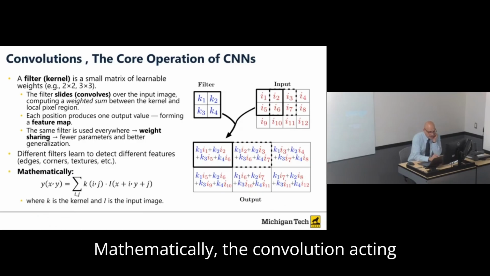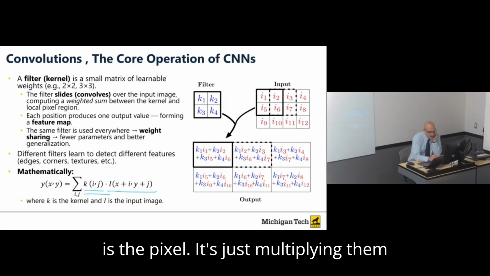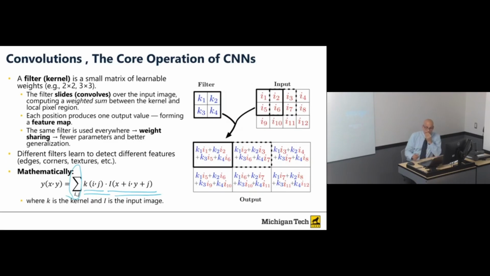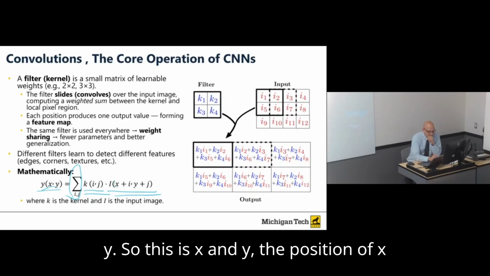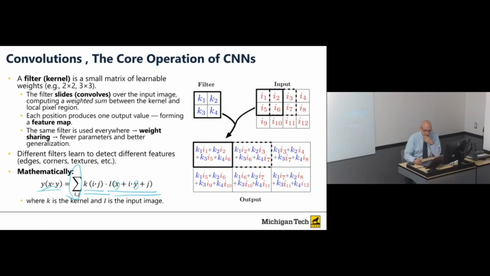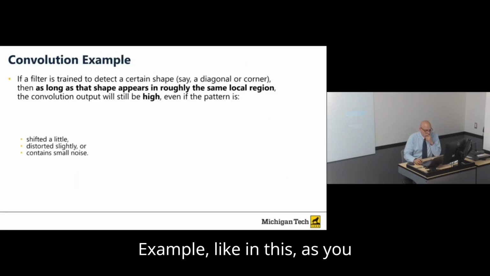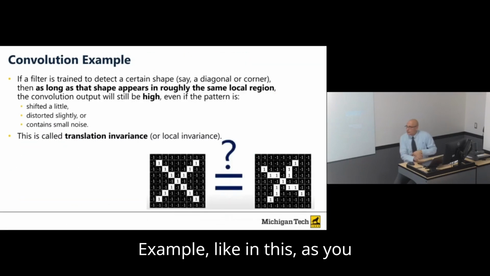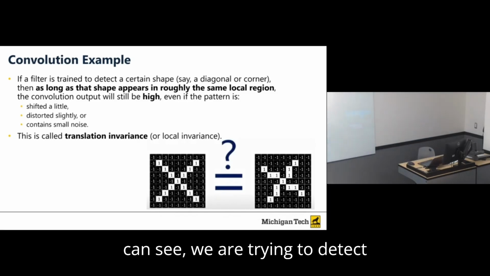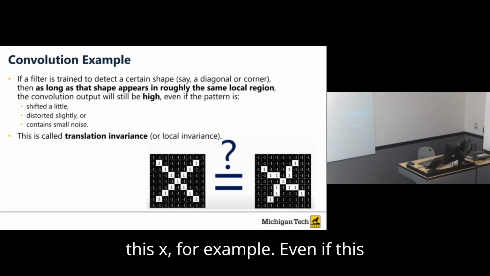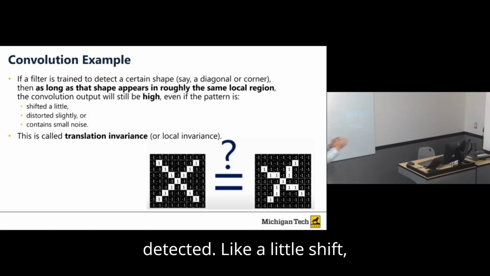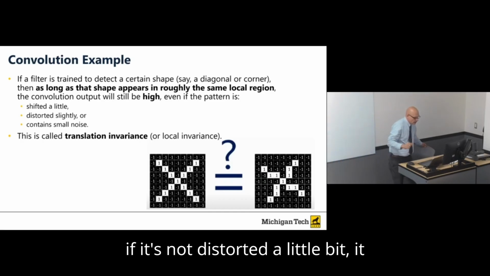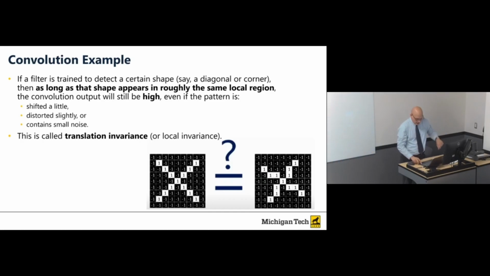Mathematically, the convolution acts like this. This is the kernel, and this is the pixel. It's just multiplying them and adding them all together to find a new value at position X and Y. Here, as you can see, we are trying to detect this X. Even if this X is shifted or distorted a little bit, it still can get detected.